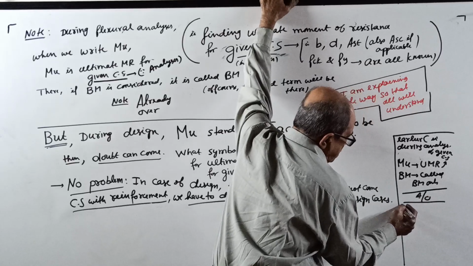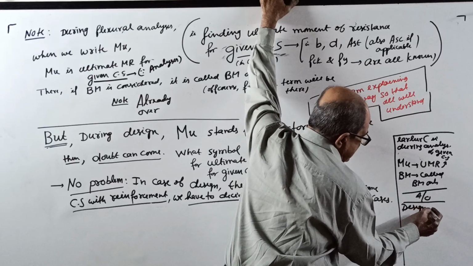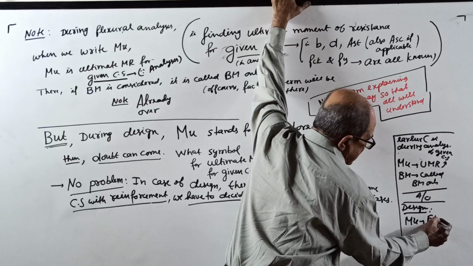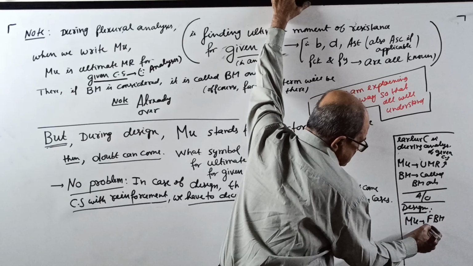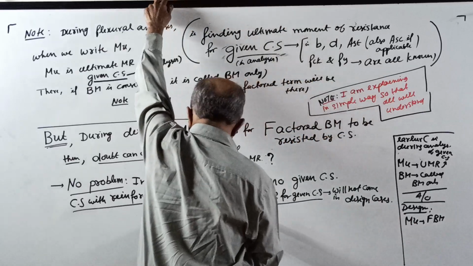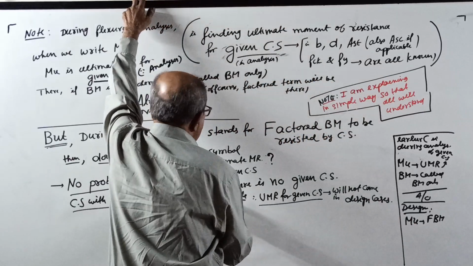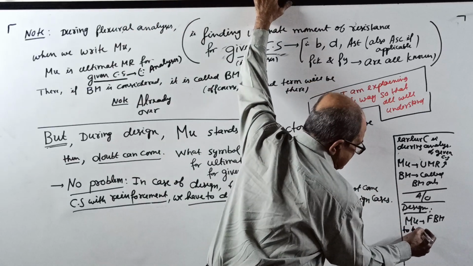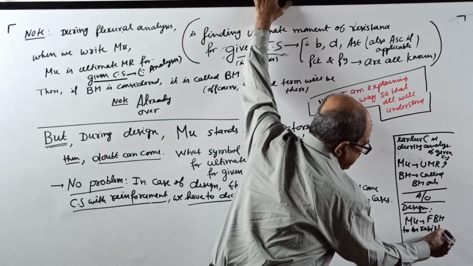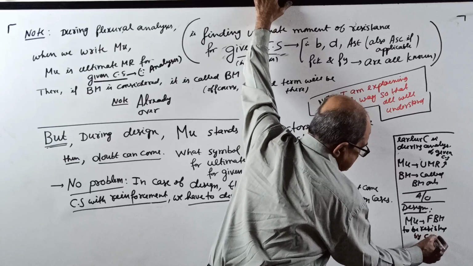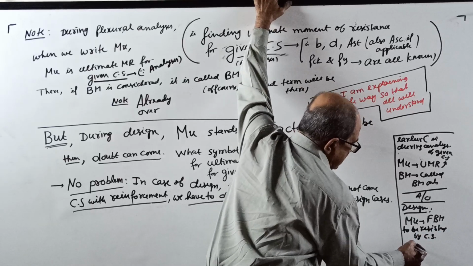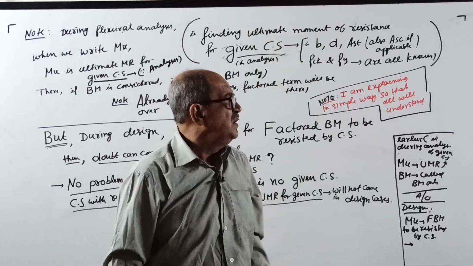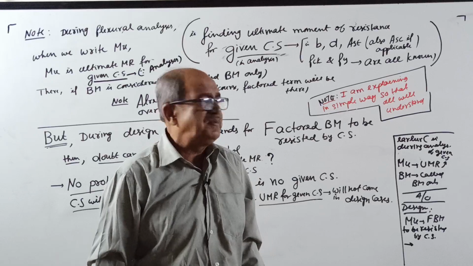Now, during the design case, MU stands for factored bending moment to be resisted by the cross section. And a doubt here: what about MR? Ultimate MR will not come. Only the MU limit will come. That is no problem.